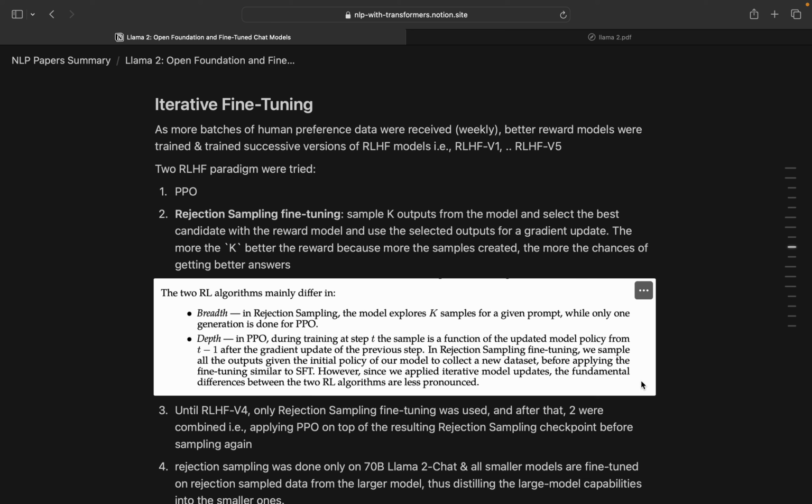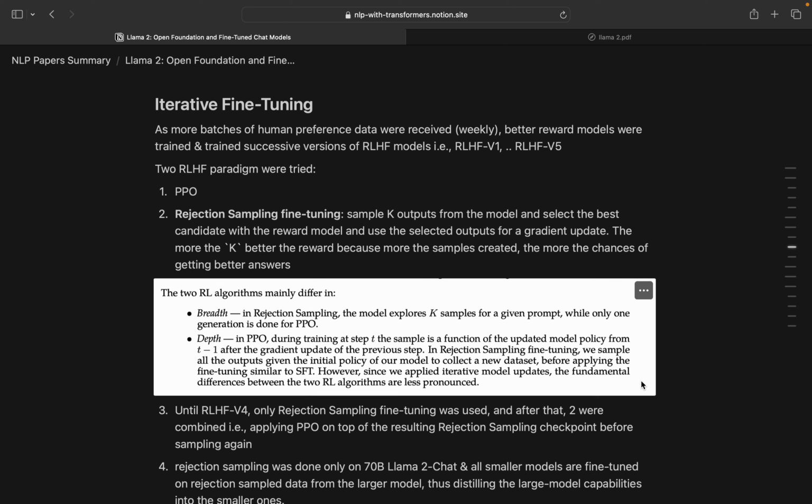When it comes to rejection sampling, you have the prompt, you ask the model multiple times with varying temperature to get different kinds of output, and you pass all of these outputs to a reward model. We know the reward model gives scores, and you take the output which has the highest score, and the selected outputs will be used for the gradient update.